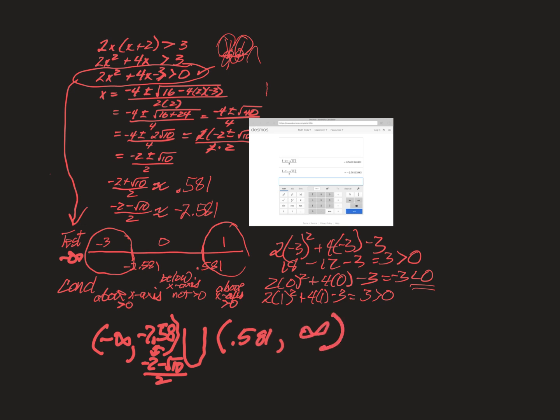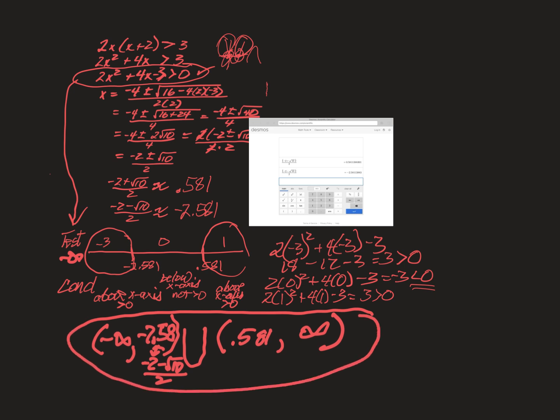And so this would be the solution, which is, where is 2x times x plus 2 greater than 3? Well, since it's a quadratic inequality, I have now shown and concluded that it's here. Now, one more thing. Remember, I said you need to be able to self-check yourself.